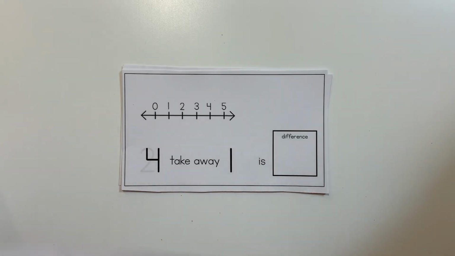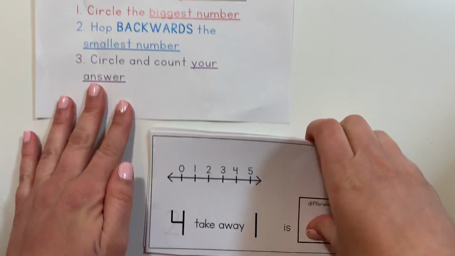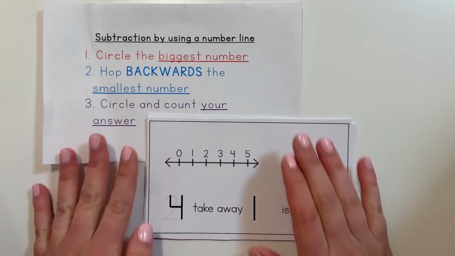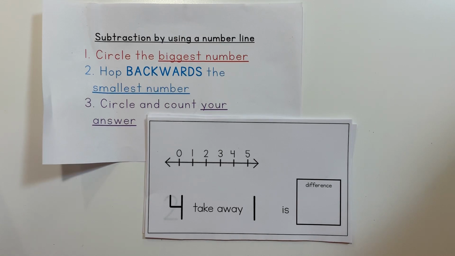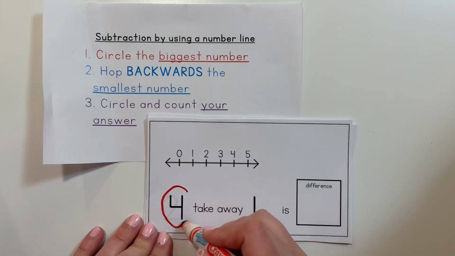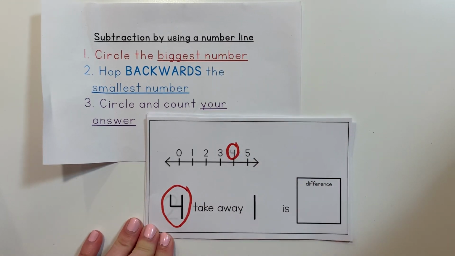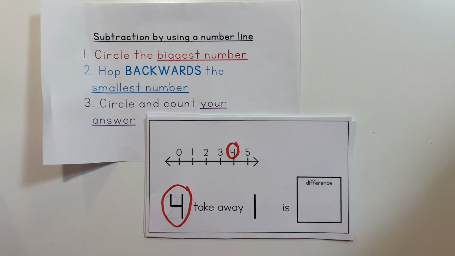Here are the steps for solving a subtraction problem using a number line. So the first thing that we need to do, just like with drawing a picture, is we need to identify the biggest number, and we're going to circle the biggest number. So 4 is my biggest number. That's how many I'm starting with. And I'm also going to circle it on the number line. The next thing that I have to do is I have to hop backwards the smallest number.